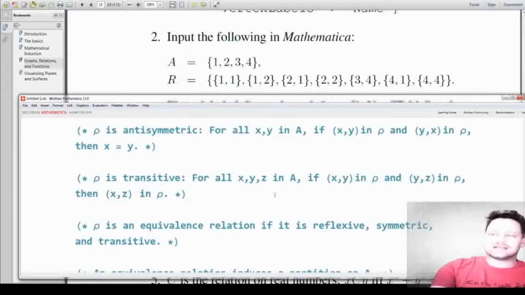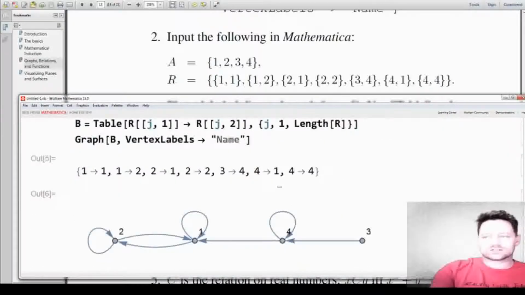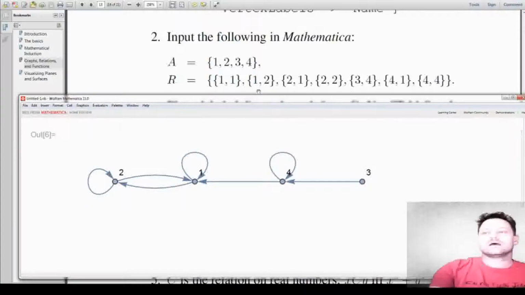Alright, so in order to do the next exercise, we need to check what we need to include in this set of relations such that this directed graph depicts an equivalence relation. You see we're missing 3 going to 3, for example.